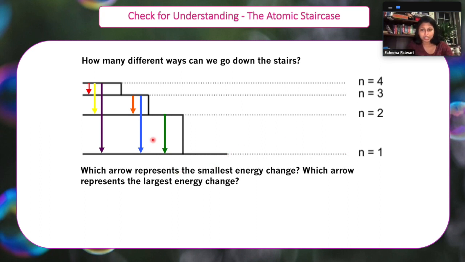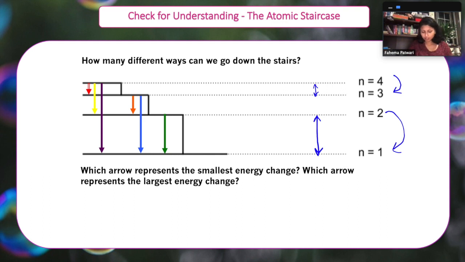So here, which arrow represents the smallest energy change? It's actually this, 4 to 3. So you might think 4 to 3 should be the same thing as 2 to 1, right? Because it's just a jump of one level. However, you can see the energy level gap between 2 and 1 is much bigger than the gap between 4 and 3.